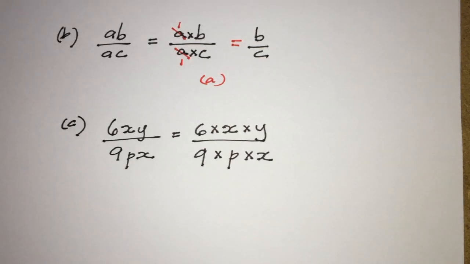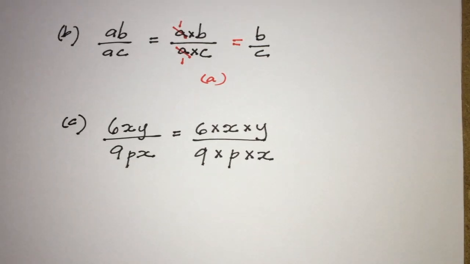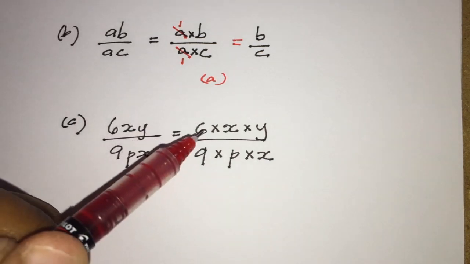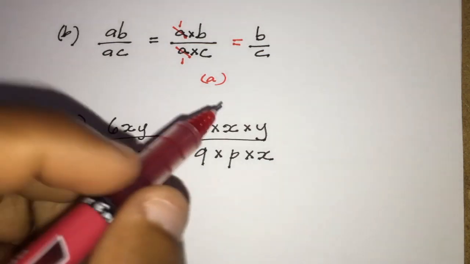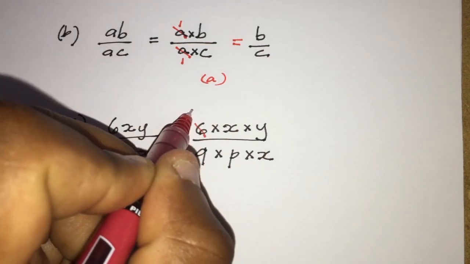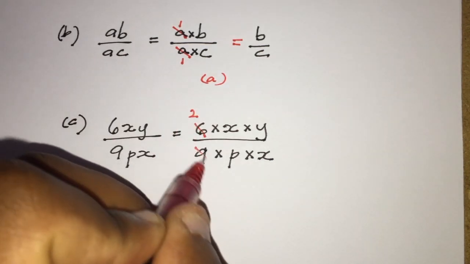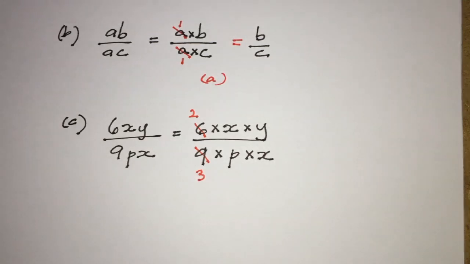Now this one gets a little tricky. We have to look for what is common in both the numerical factors and the variable factors. Let's start off with the numbers. What number can go into 6 and 9 without leaving a remainder? 3. 3 can go into 6 2 times, and 3 can go into 9 3 times.